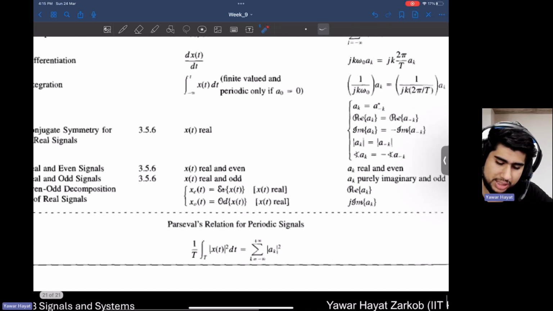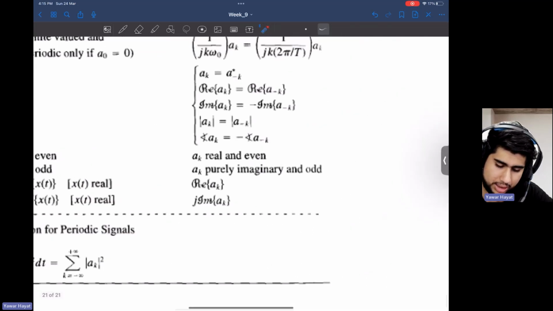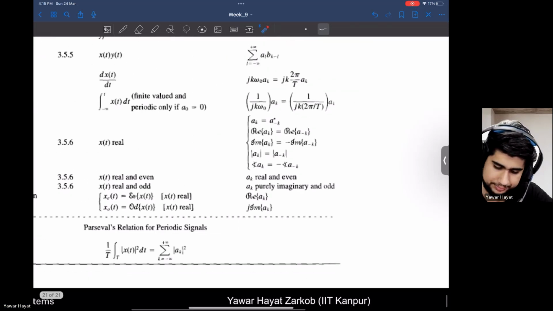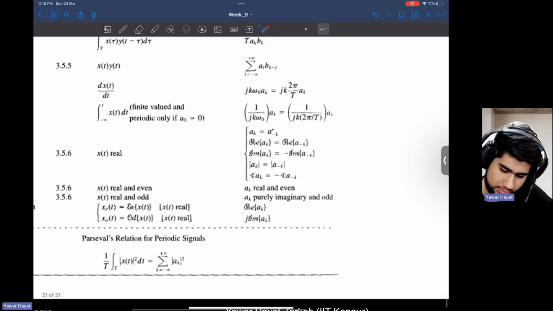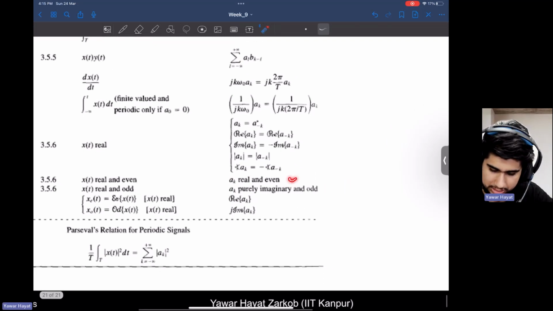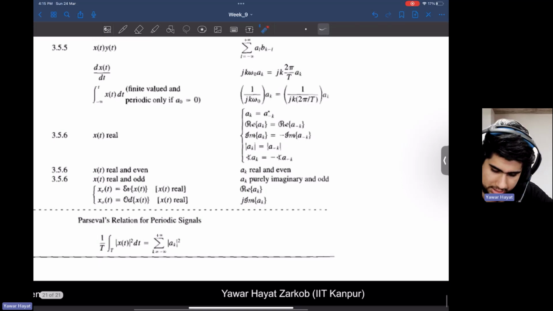If x(t) is real and odd as well, then it turns out a_k is purely imaginary and odd. I'll suggest you try both of these and come to the conclusion that they make sense. If not, you can drop me an email and then we can discuss.